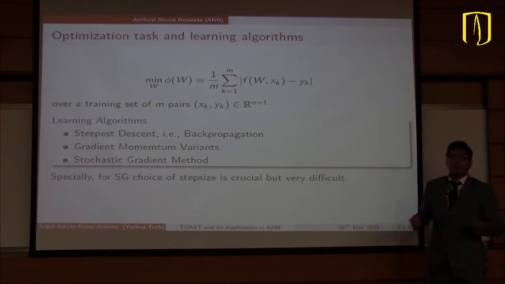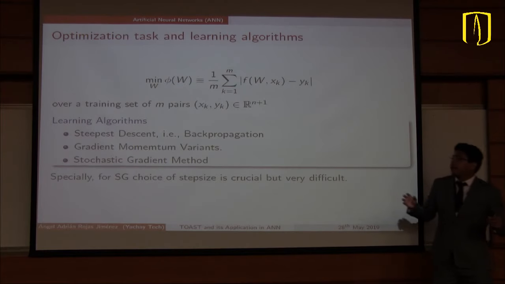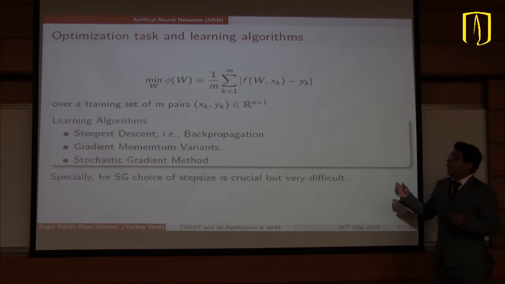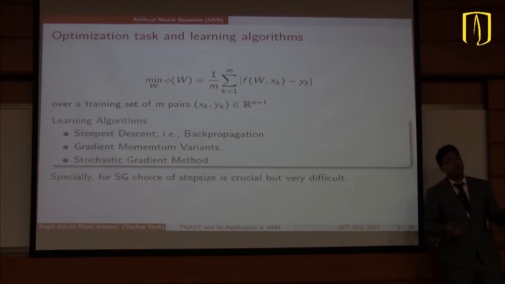Then the variants of certain momentum methods, that is a linear combination of the steepest descent direction and the last function value, and the stochastic gradient method, that we all know is pretty useful, but the most important thing is the step size. So from our experience, the step size can be 1 over the square root of the iterate count.